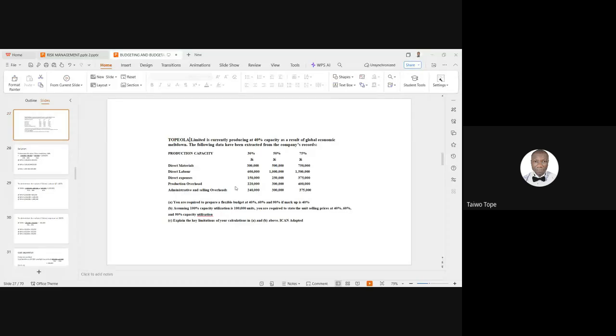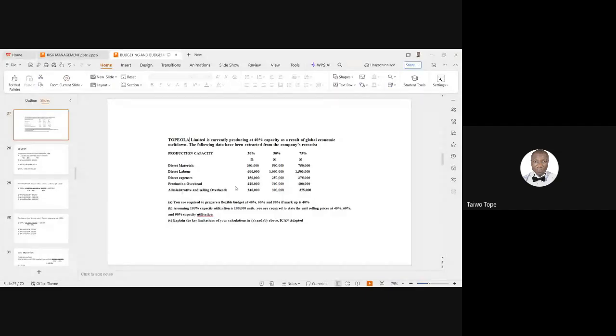So markup is the percentage added to the cost of a product to determine its selling price. The question is saying you are required to prepare a flexible budget at 40%, 60%, and 90% if markup is 40%. In this budget, you've known your total cost.